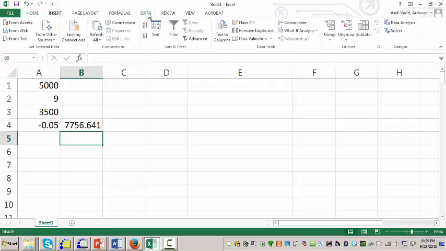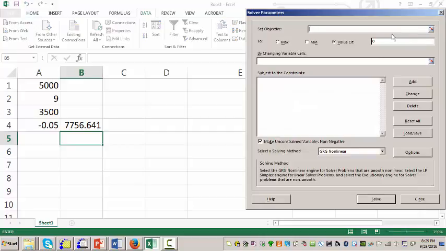I go to Data, Solver. I tell Solver, this is my objective function, which I expect you not to minimize its value, not to maximize its value.